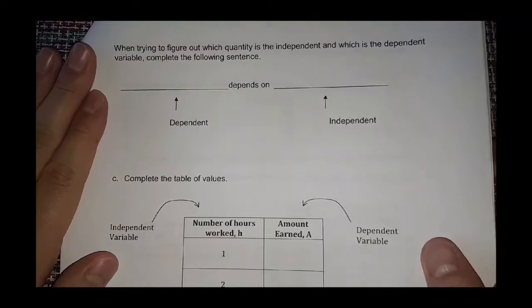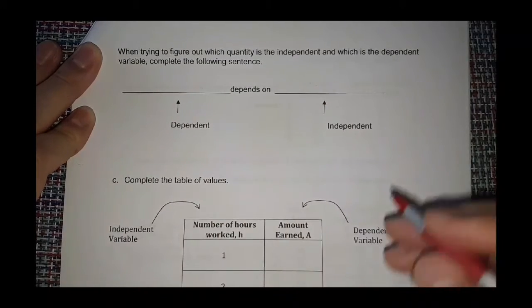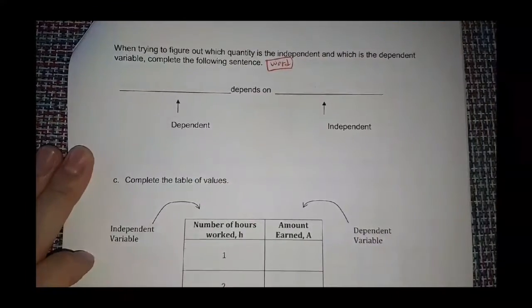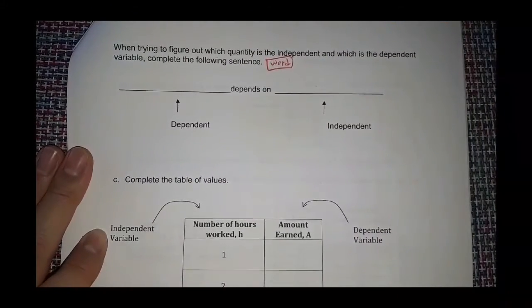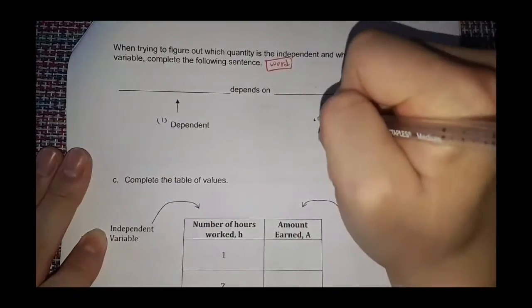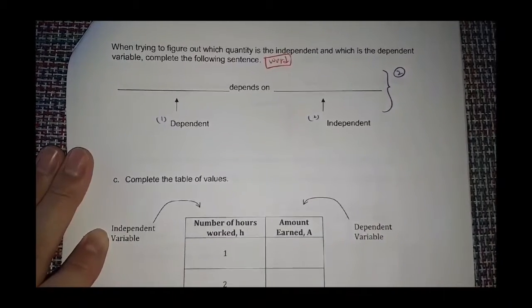When you figure out which quantity is the independent and which is the dependent variable, we can create a sentence. This is a word way of describing a relationship. But here's what we always do: dependent comes first, independent comes last. That's my second step.